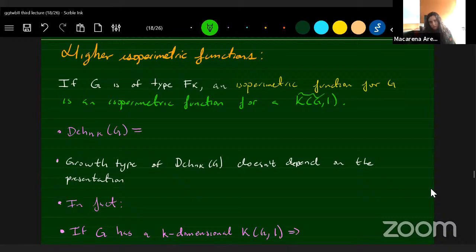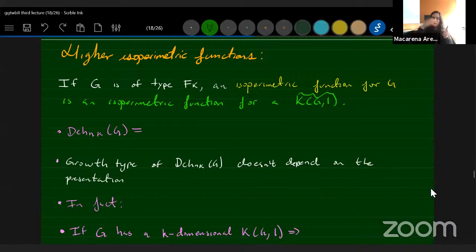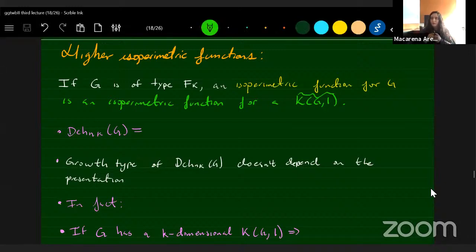Actually this is for the universal cover. If you want to think of a specific complex, you can think of the presentation complex that we have been discussing. And having type Fk implies that you can add a finite number of cells to make this complex k-dimensional, so that its universal cover is k-connected.